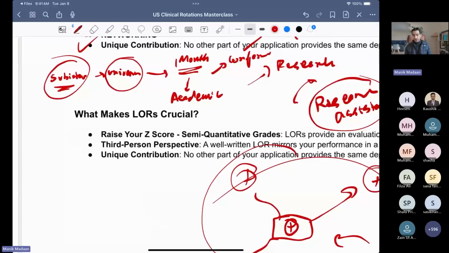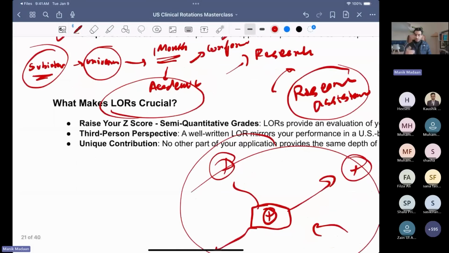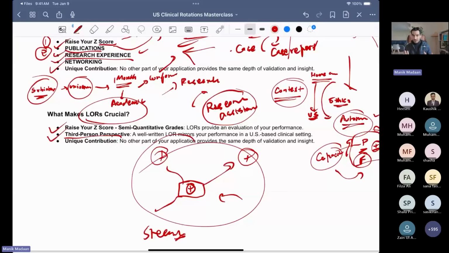Next is even our LORs, right? That unique contribution is what people care about, right? Because not only does that raise your Step score through getting you a LOR, right? It also adds a third person perspective, which is somebody in the US is evaluating you, right, from a third person perspective. And I can now trust this experience because you're coming from the same country I'm from, where laws are similar, right?